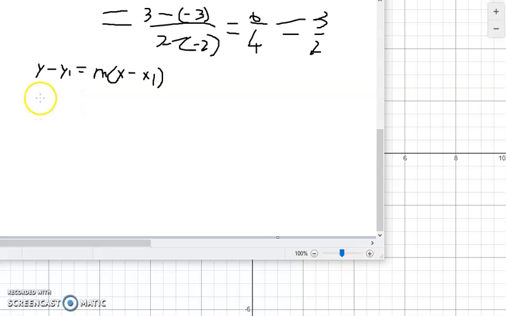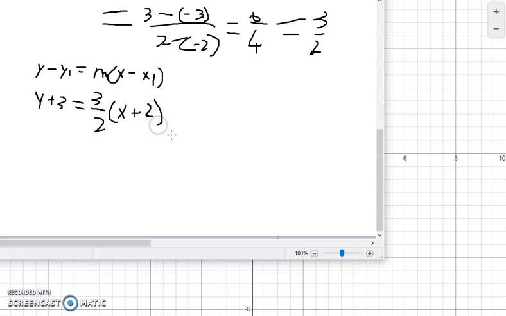So for the line that would connect those 2 points, I could say y minus negative 3 becomes y plus 3 is equal to 3/2 times x minus negative 2, which becomes x plus 2.